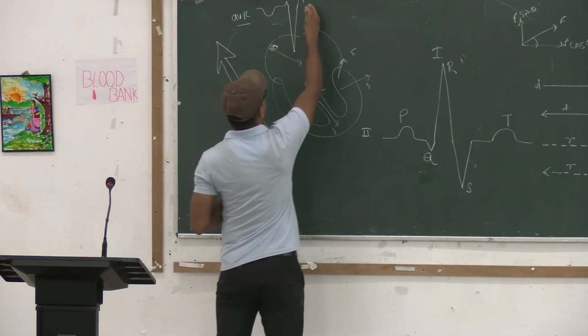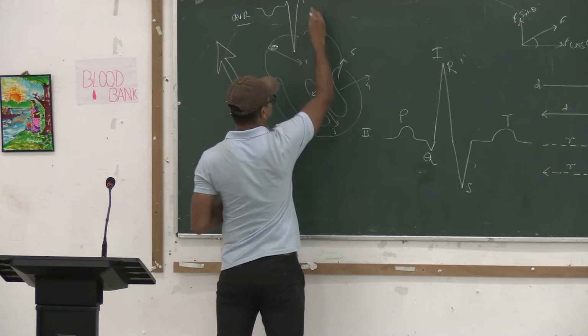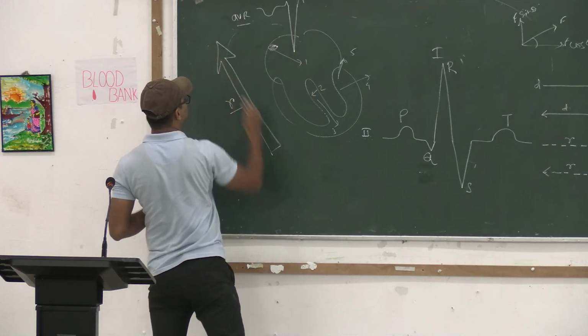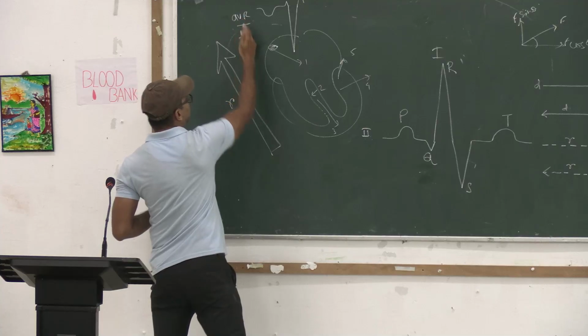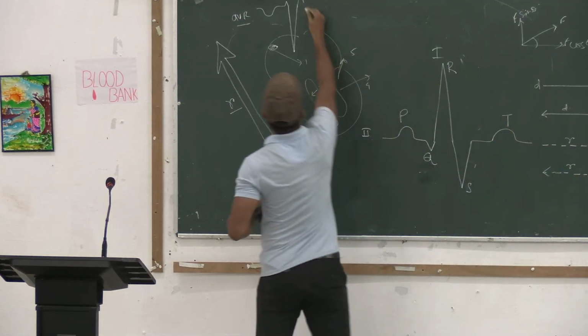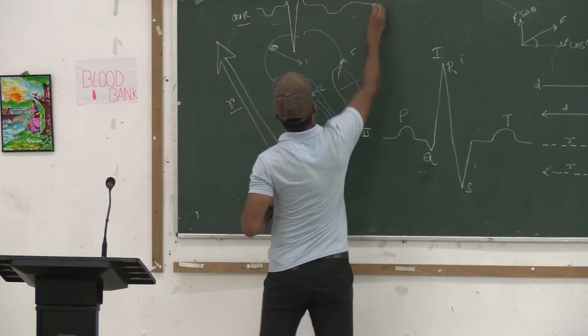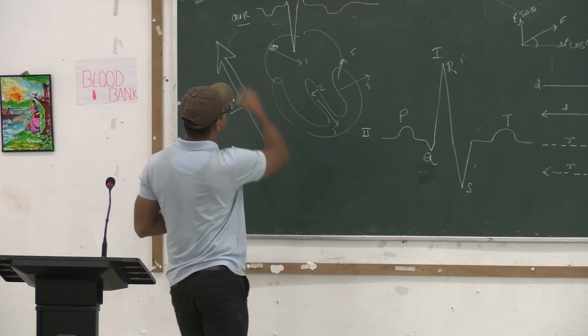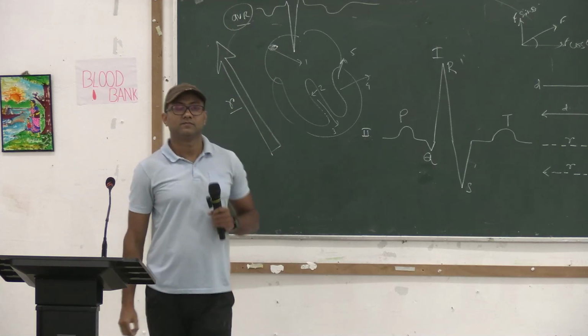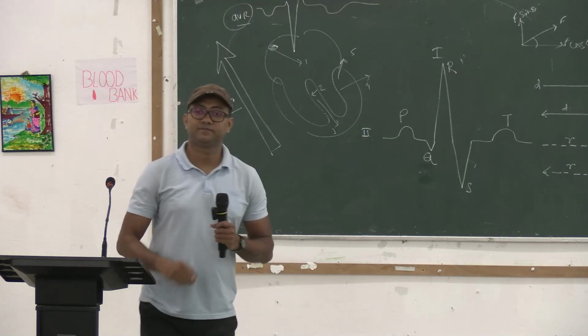And finally the T wave: a repolarization wave moving towards the lead gives a negative deflection. So this is how the ECG wave looks in lead AVR. Clear?